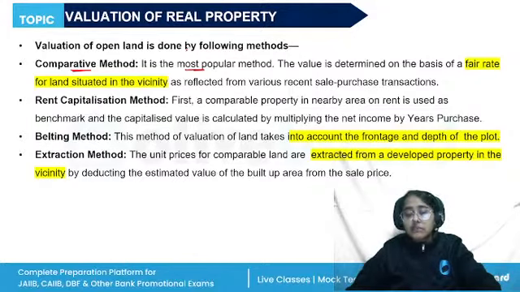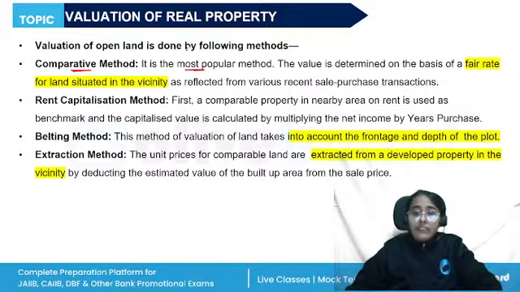Again, the comparable property in the recent or the nearby area is used as the benchmark, and then the replacement cost of the building is worked out. Then we have the belting method, taking into account the frontage and the depth of the land. It is adopted for big plots that have lesser frontage and more depth, right?